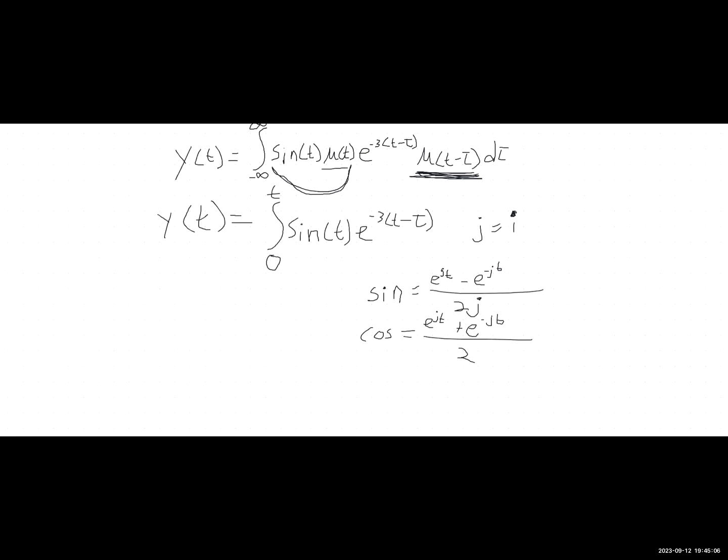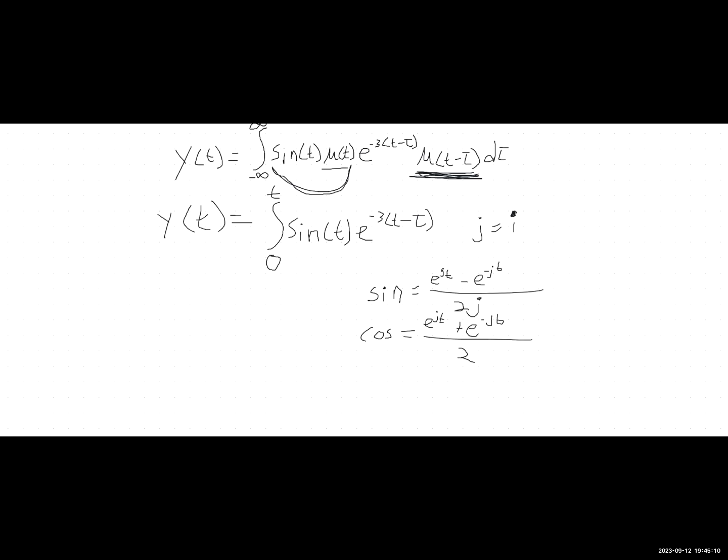And cosine is equal to e to the jt plus e to the minus jt, divided by 2. So you will need to know those two.